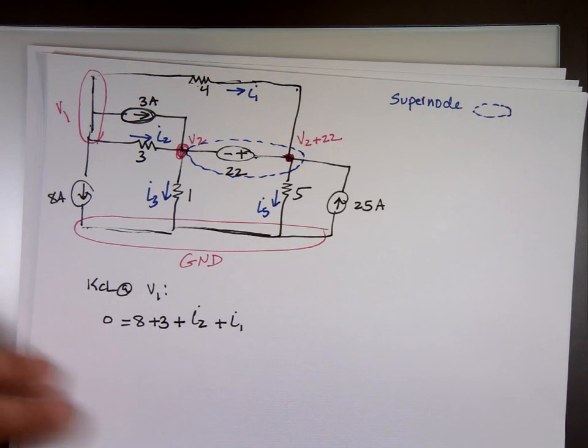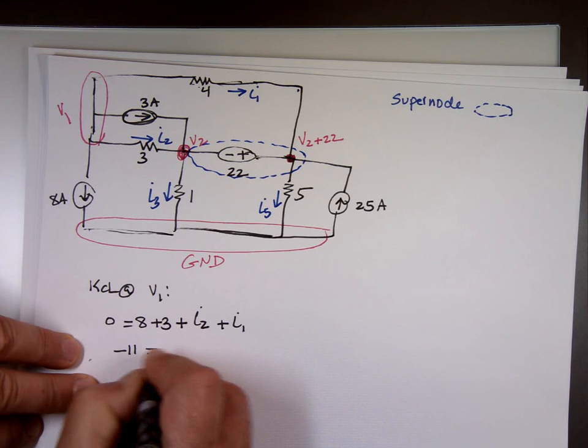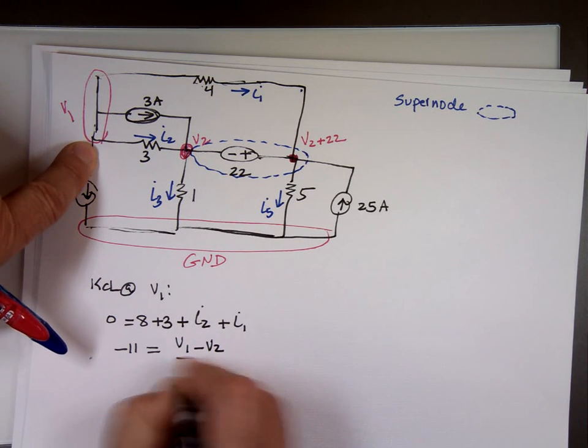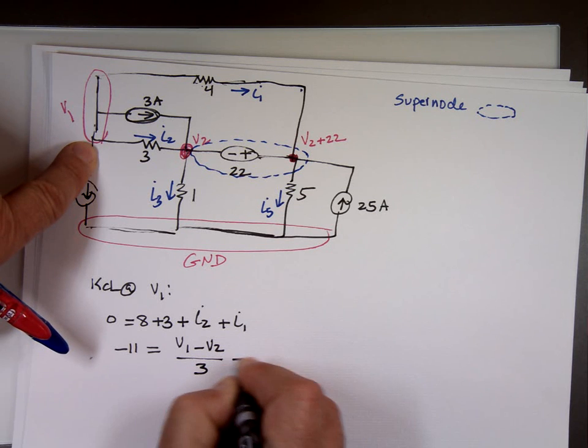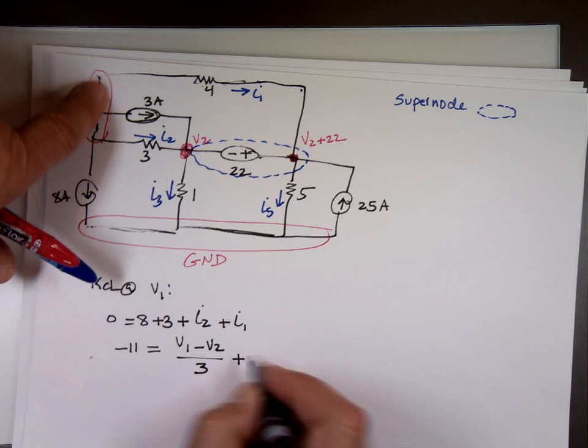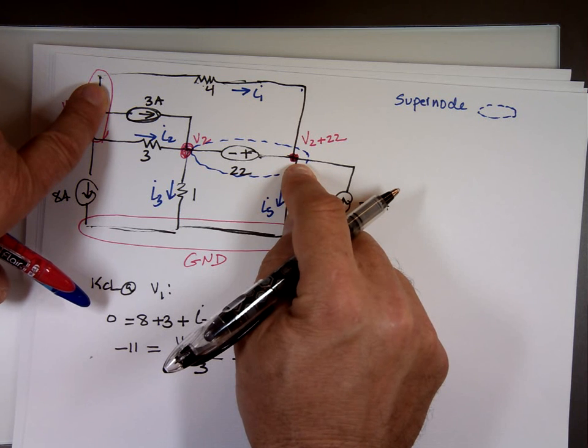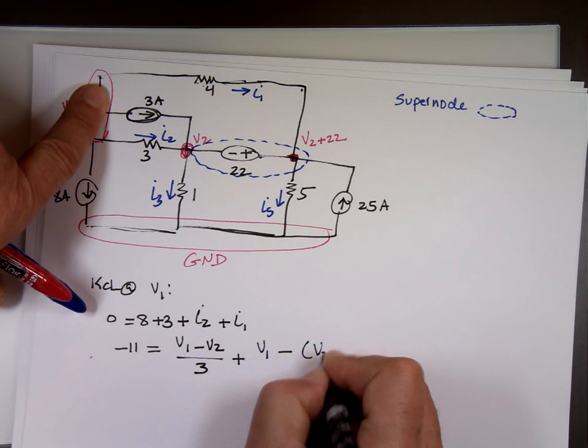Negative 11 equals, what's I sub 2? V1 minus V2 over 3. What's I sub 1? V1 minus, but instead of V3, this is going to be what? V2 plus 22.